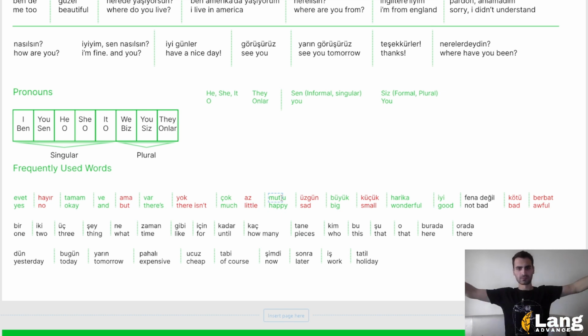Büyük. Küçük. Harika. Good. Fena değil. This we are using in Turkish. Fena değil. You can also say like not bad. Kötü, bad. Berbat, very bad, awful.